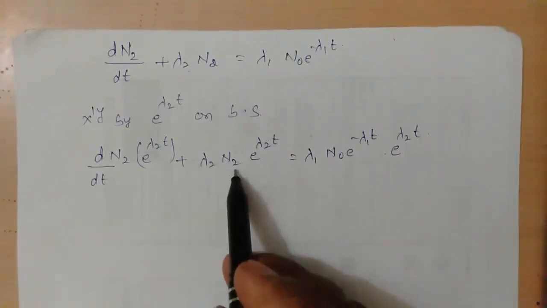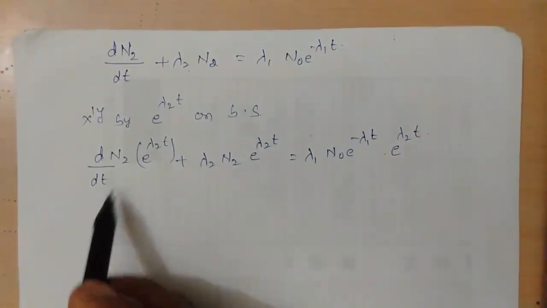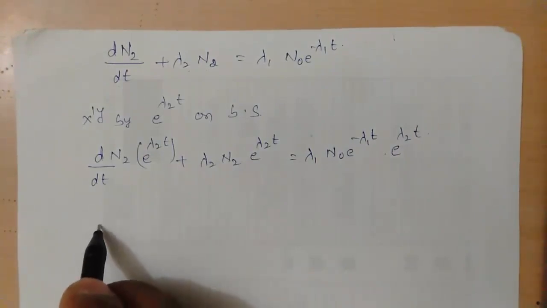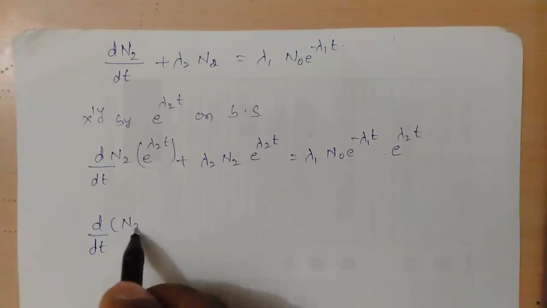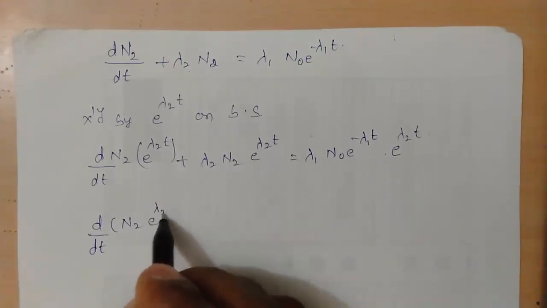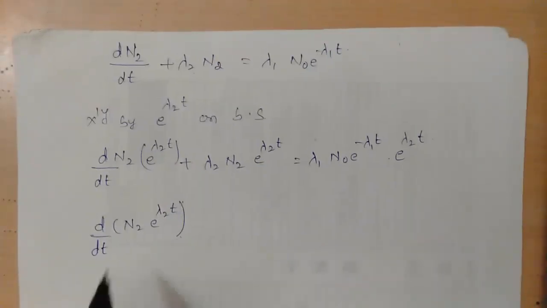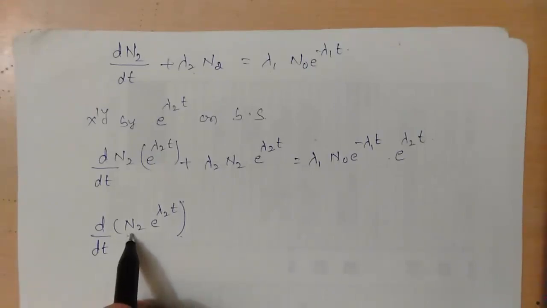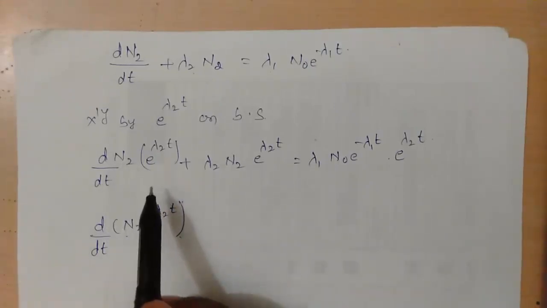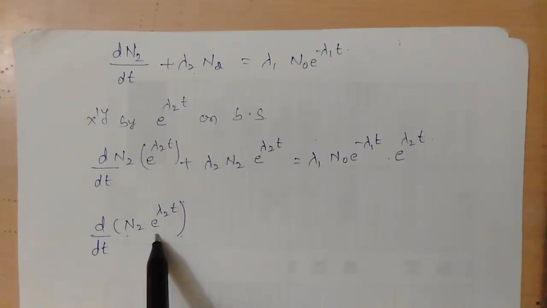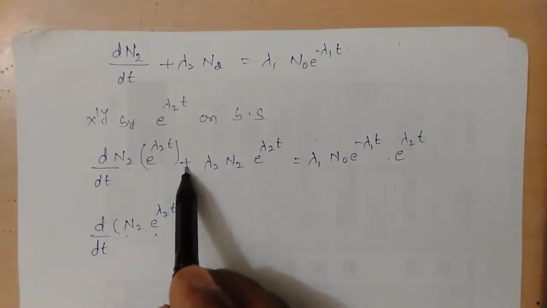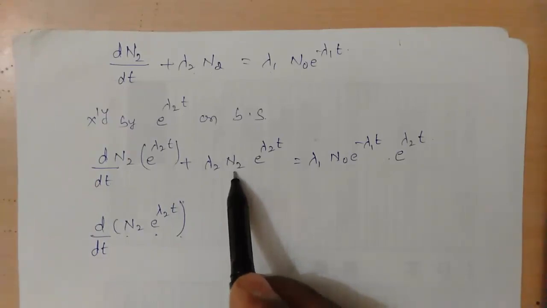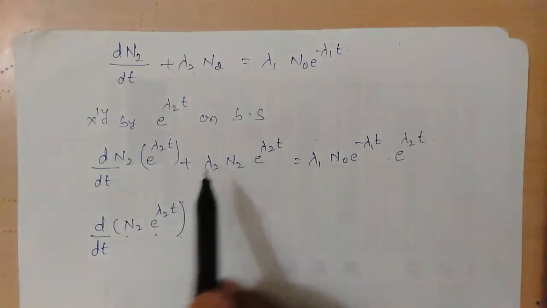Now if you look at the left hand side, it is in the form of d/dt of N2 e^(λ2 t). If you differentiate, it is the first function into differentiation of the second function plus the second function into differentiation of the first function.